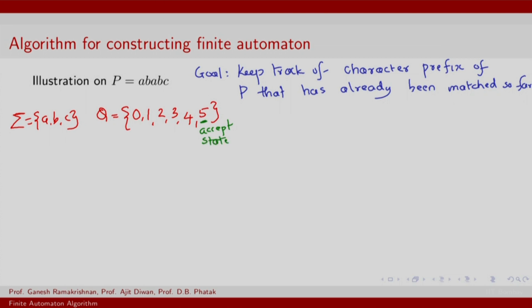Now, before I write down my algorithm, let me specify what I need to keep track of this character prefix of P that has already been matched so far.